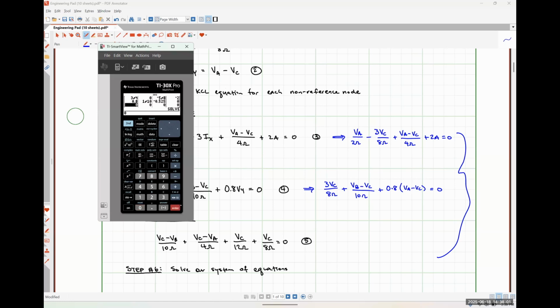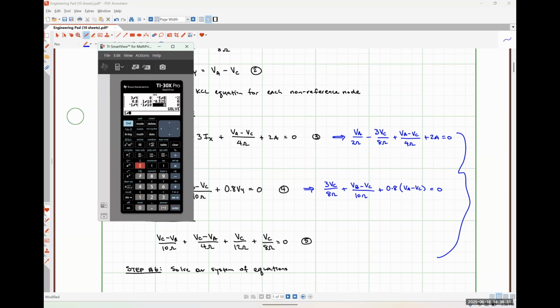And now we're down to our KCL at node C equation. My coefficient for VA is negative 1/4. My coefficient for VB is negative 1/10. My coefficient for VC is 1/10 plus 1/4 plus 1/12 plus 1/8.